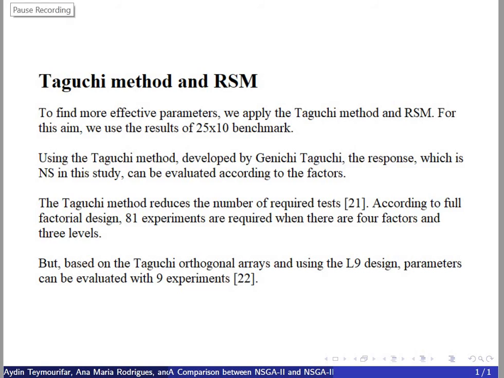Until this stage, we used the base case parameters, but to find more effective parameters, we apply the Taguchi method and response surface method. For this aim, we use the results of the small benchmark. Using the Taguchi method developed by Genichi Taguchi, the response can be evaluated according to the factors.